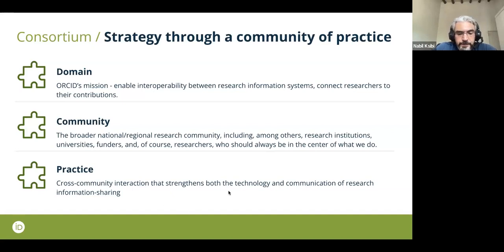So we really want to be always up to date and to partner and align with principles, guidelines, and guidance on research information sharing in general.